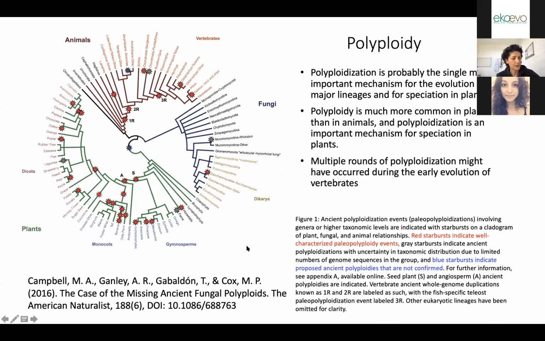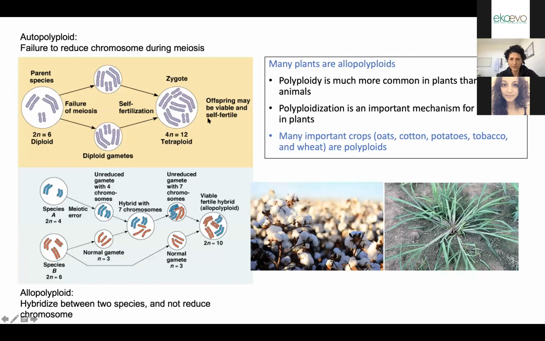For plants, you can create new plant species in a single generation with a polyploidy event. Actually, it's very easy for plants. They tolerate polyploidization. Polyploidization even happens in different taxa, such as vertebrates, but in plants, it's a very common process.